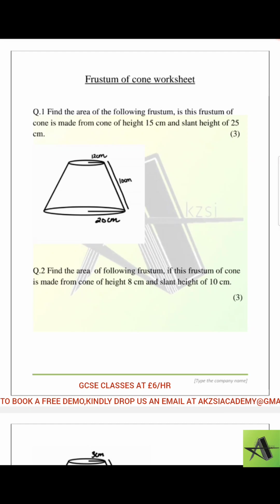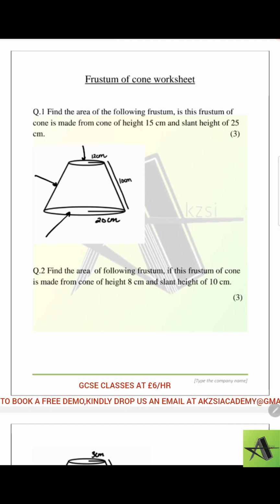When I was going through the theory, I have explained it as well, that the surface area is the sum of all the areas of the surfaces that you can see. And for a frustum, we have three surfaces: this one, this one, and the curved one. So we have to calculate the area of each.